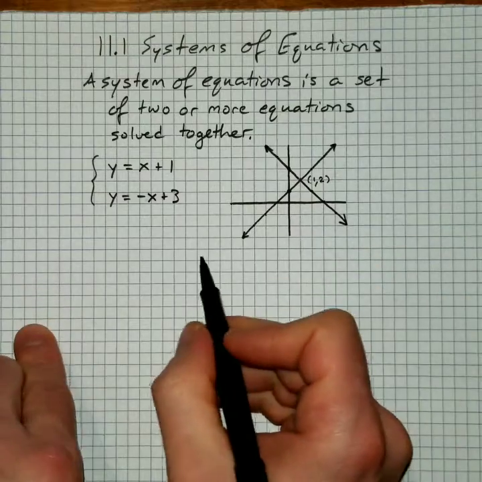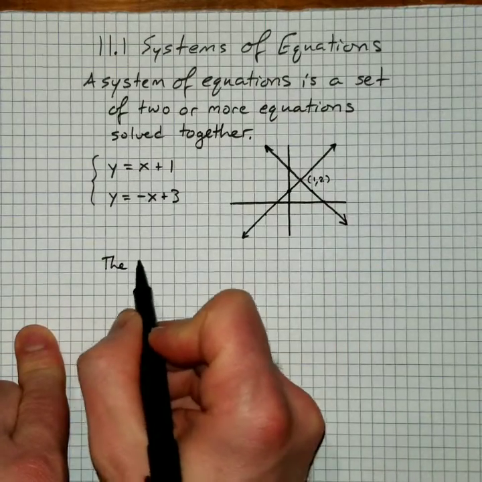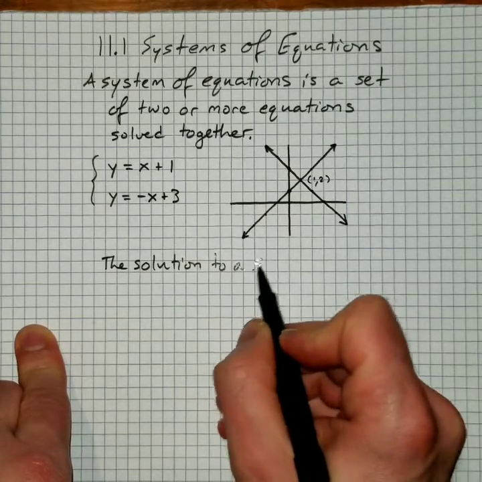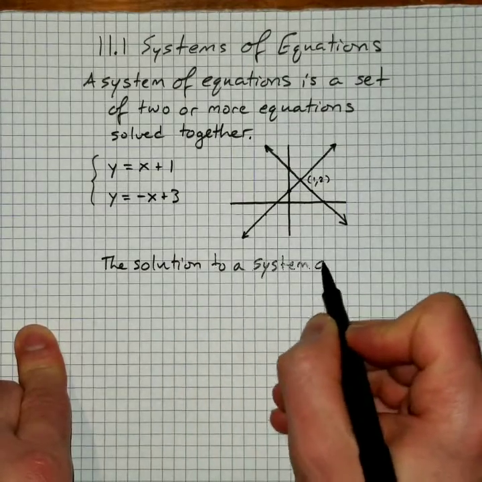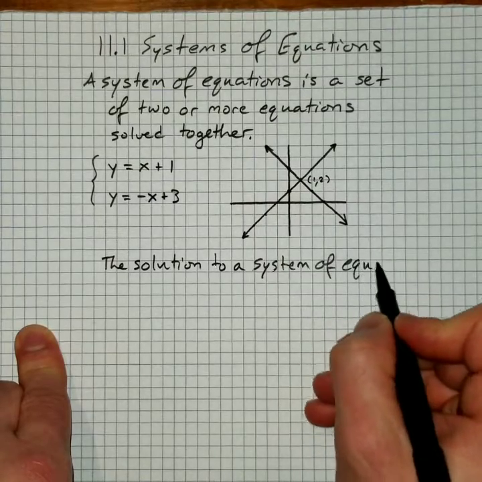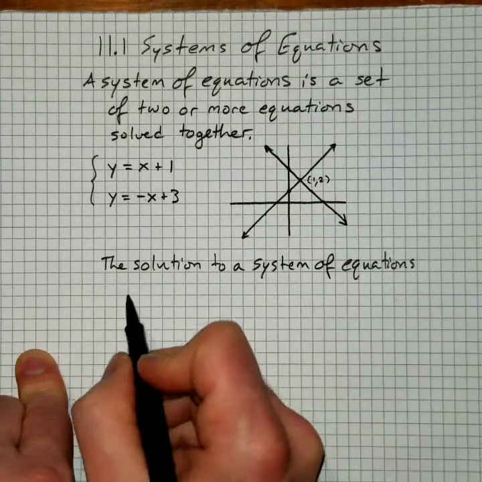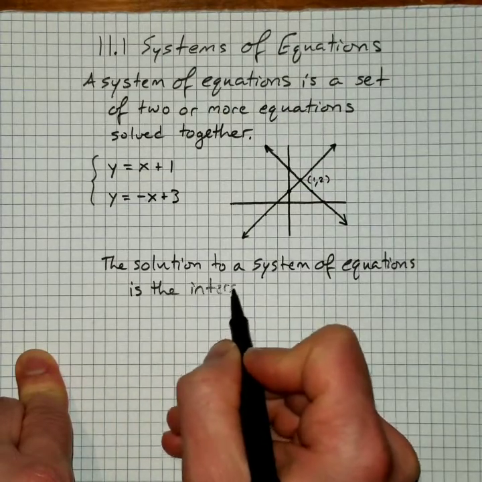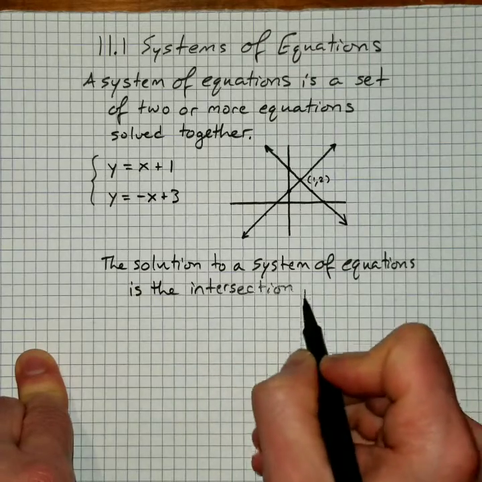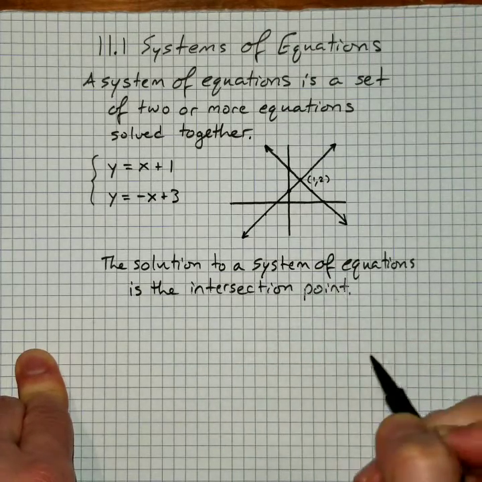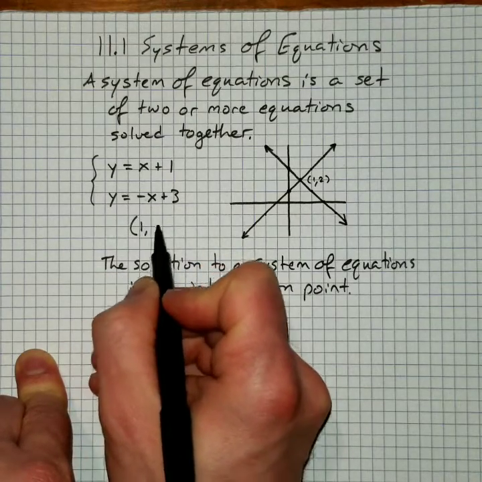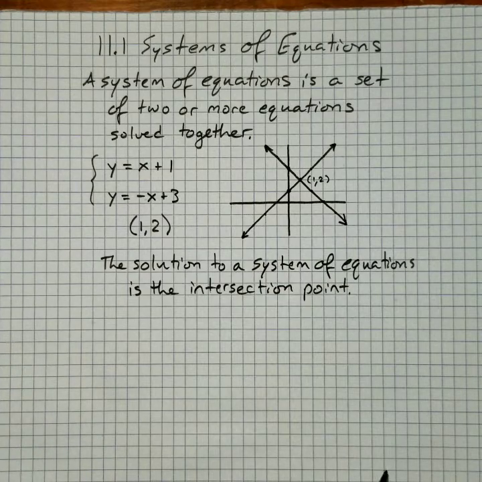Okay, so the solution to a system of equations is the intersection point. In this case, it's the point (1, 2).